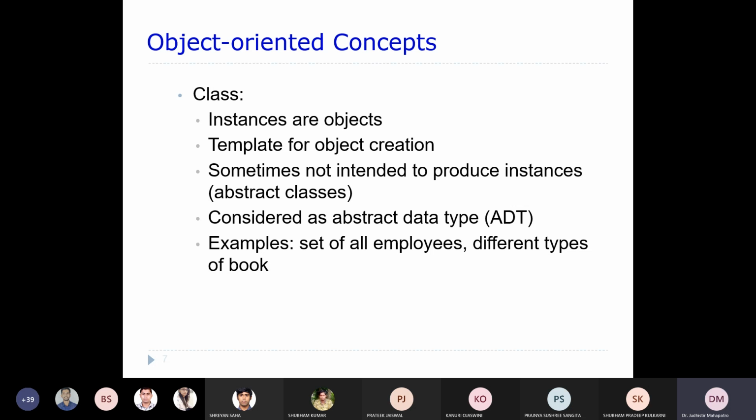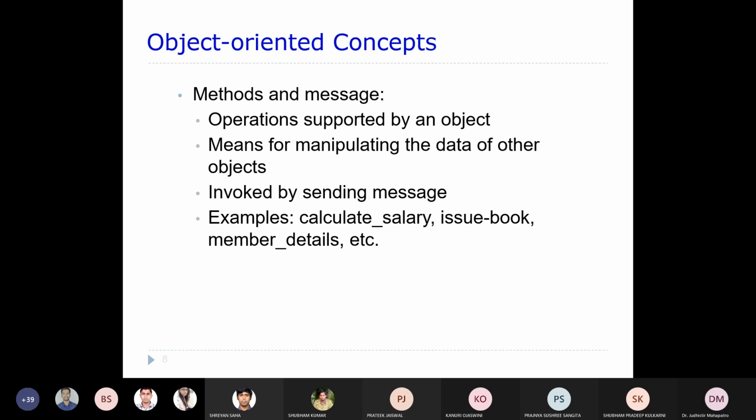If book is a class, then different books are the objects of the class book. This is the way you can understand it. Any doubts so far, students? No, sir. Okay.